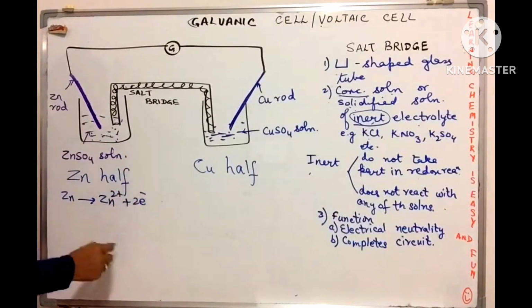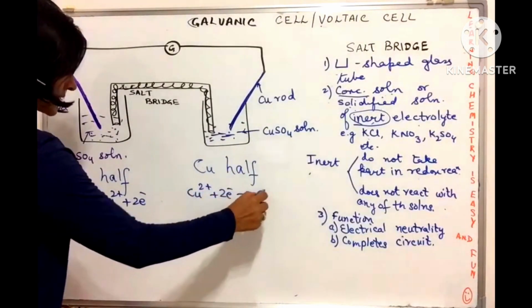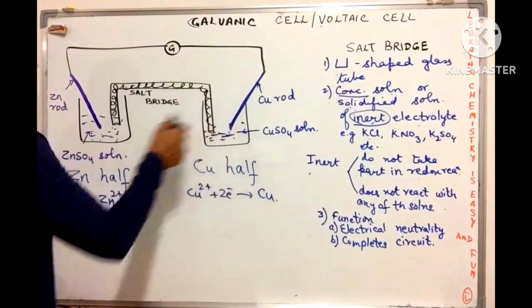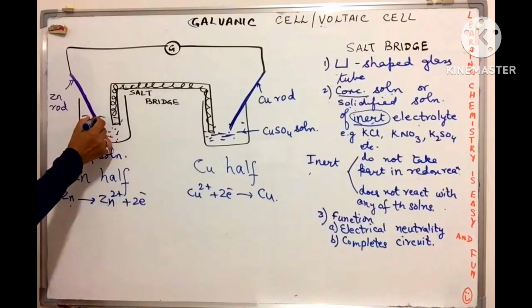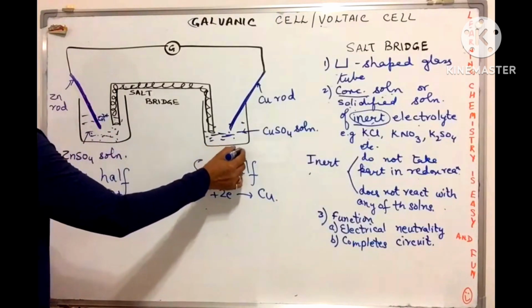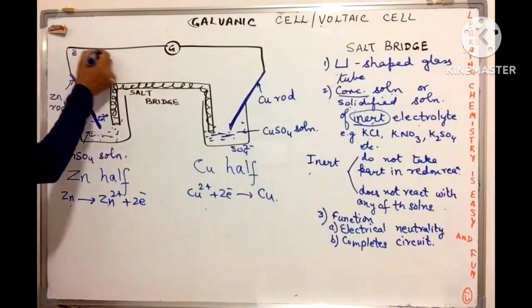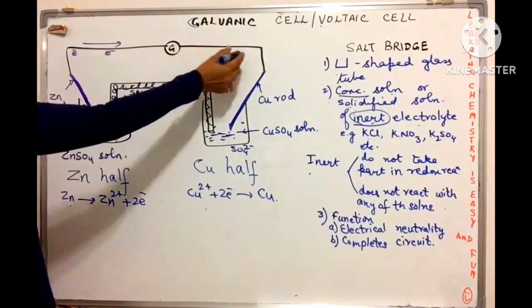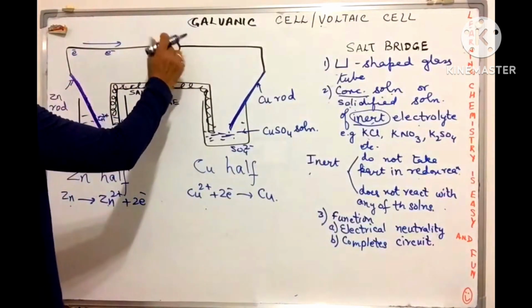In the copper half, copper ions are getting discharged and turning to copper, ultimately getting deposited onto the electrode. The electrons move towards copper. The current, on the other hand, moves from copper to zinc.